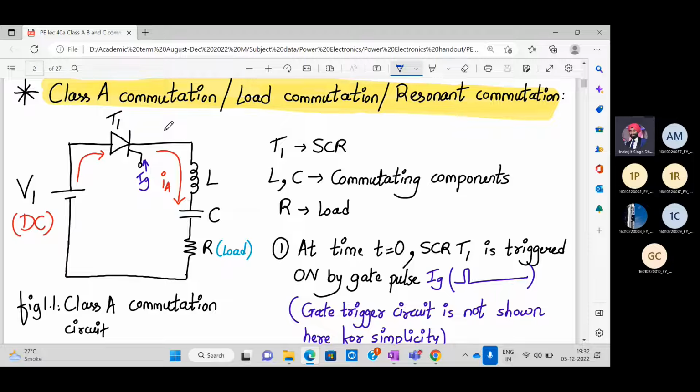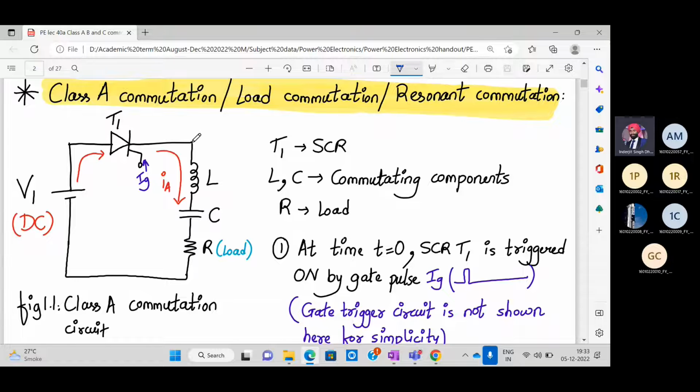for the exam, I have taught you two techniques, that is gate triggering and dV by dt triggering. But there are other techniques also. There is light triggering also. Some SCRs are also triggered by light, so that is also one of the techniques to turn on an SCR. Three methods: gate triggering, forward voltage, and dV by dt triggering.